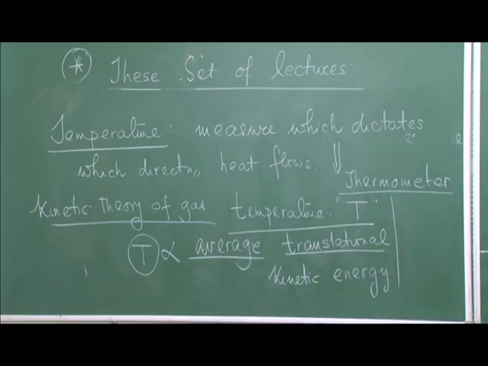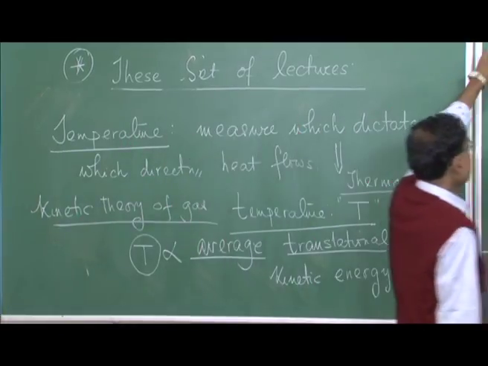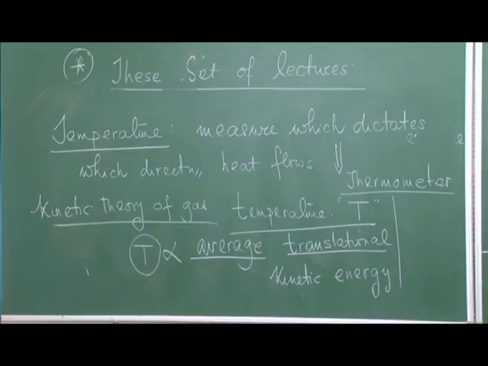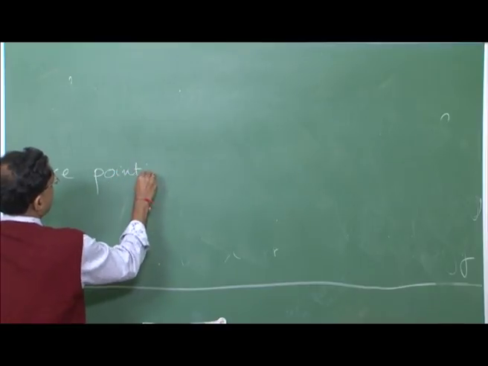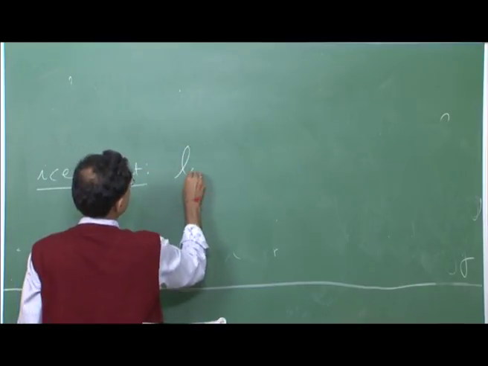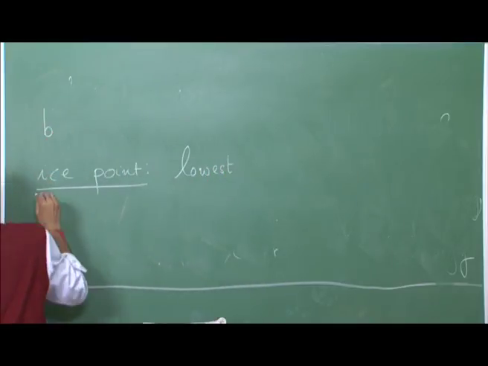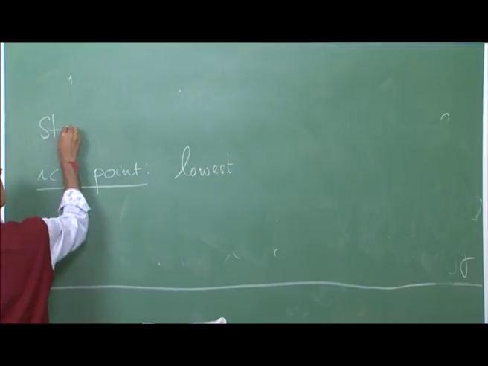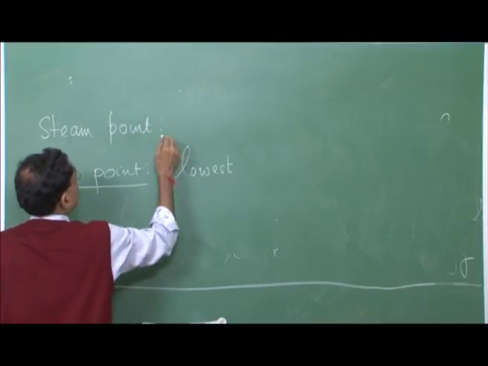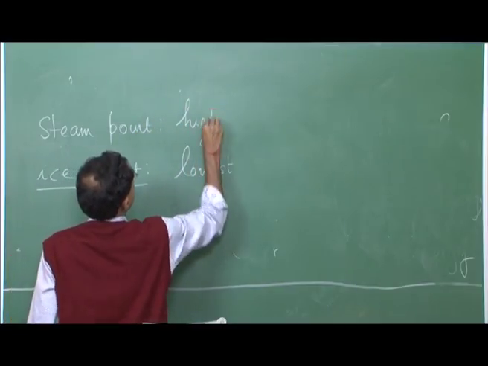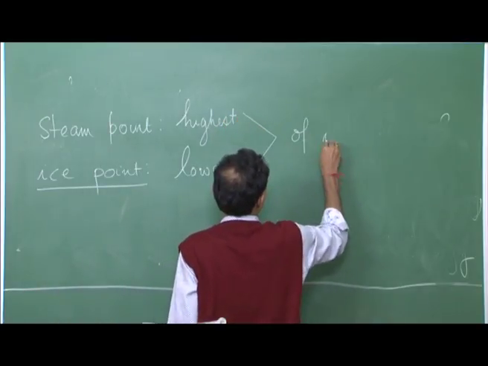Okay? But now comes the question, if I define a temperature, I can define a thermometer, and we all know from our basic 9th, 10th standard education that a thermometer is a scale where we always talk about the ice point, which is the lowest, and the steam point, which is the highest, which we know as 0 degree and 100 degree Celsius of water.